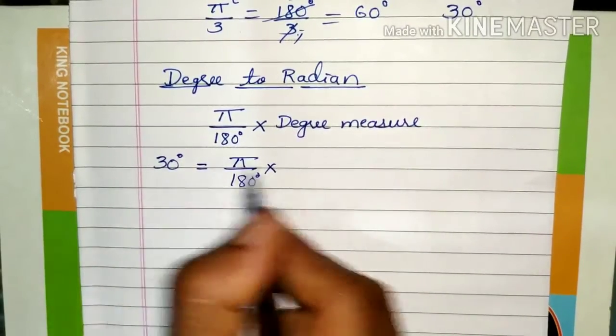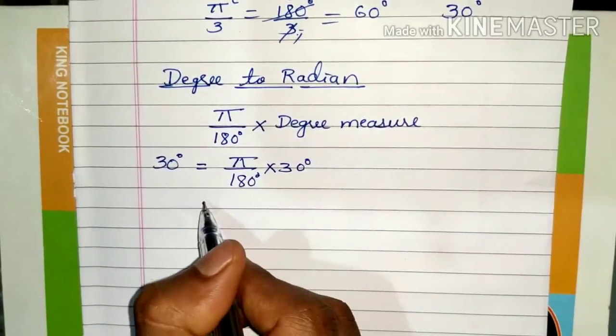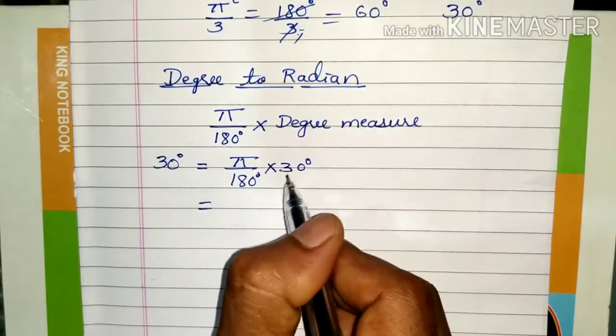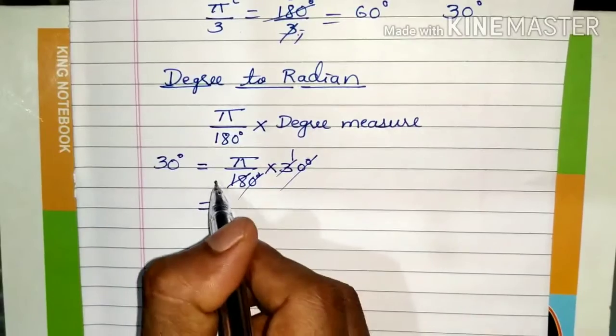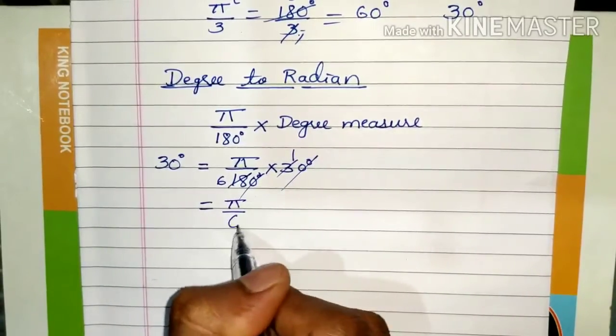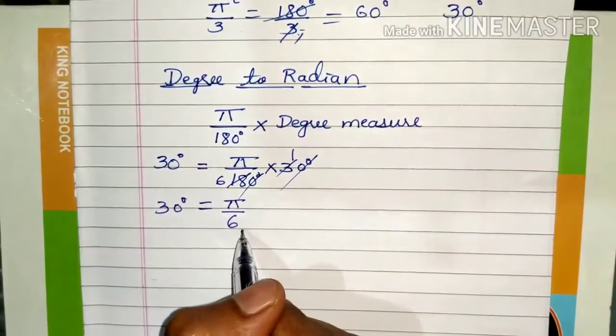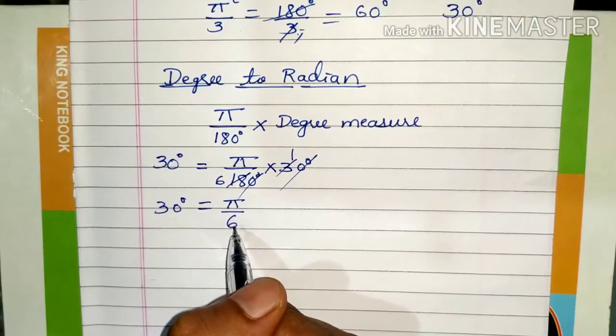For 30 degrees, that is pi by 180 into 30. You can cancel the zeros, 3 ones are 3, 3 sixes are 18, giving pi by 6. Therefore 30 degrees is equal to pi by 6 radians.